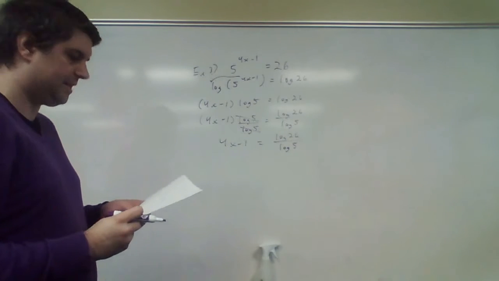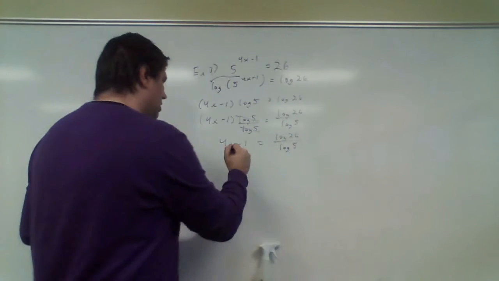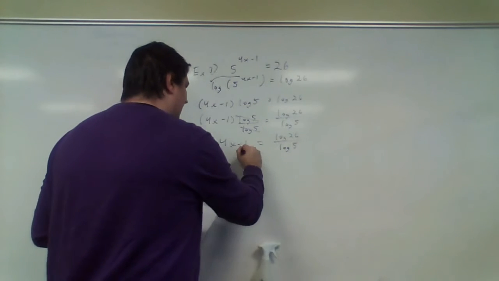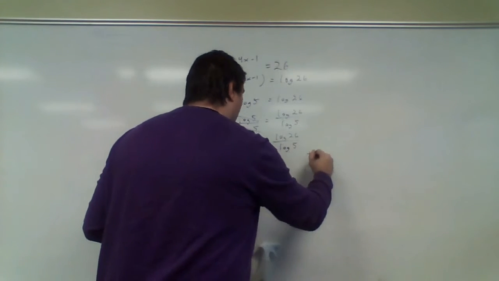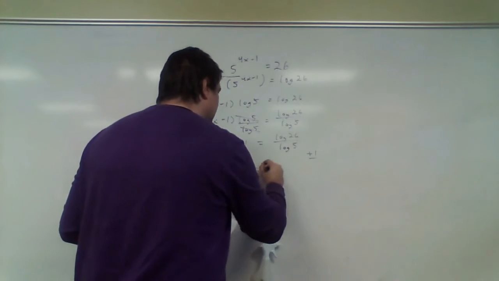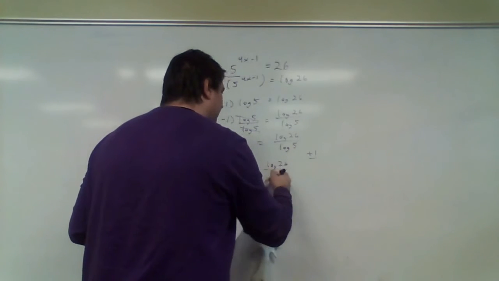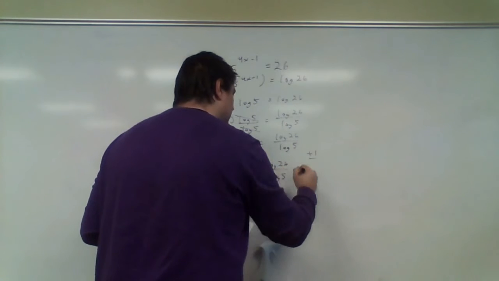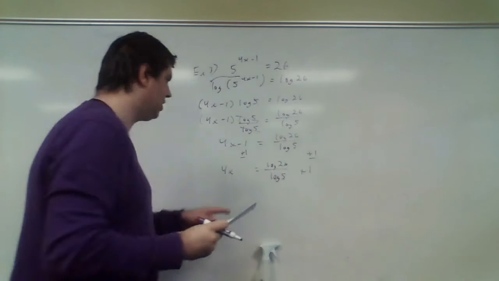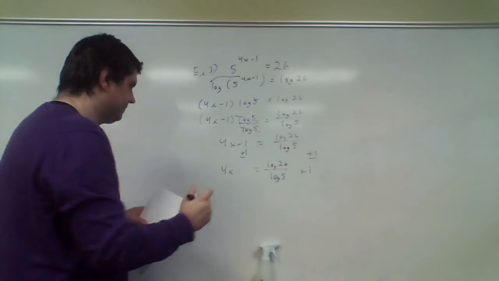Now, if you're going for an exact solution, you're going to want to isolate the x. The first thing you would do is add 1. So you'll have 4x equals log of 26 over log of 5 plus 1. And then you would divide off that 4.